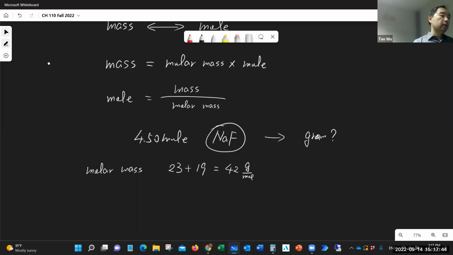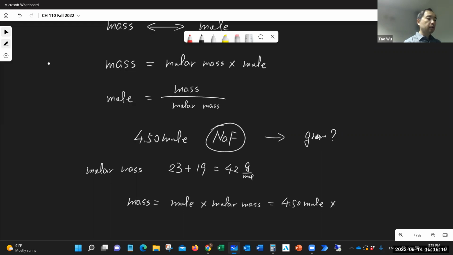If you want to get grams, the mass should be equal to mole times molar mass. Now you have 4.50 mole, and you times the molar mass, 42 grams per mole.